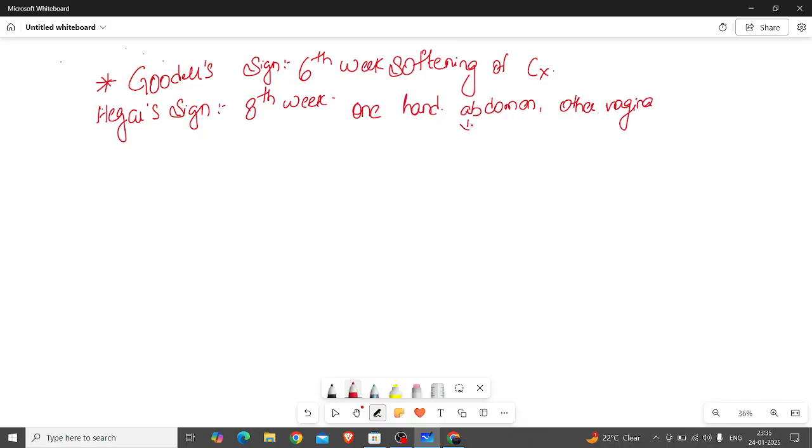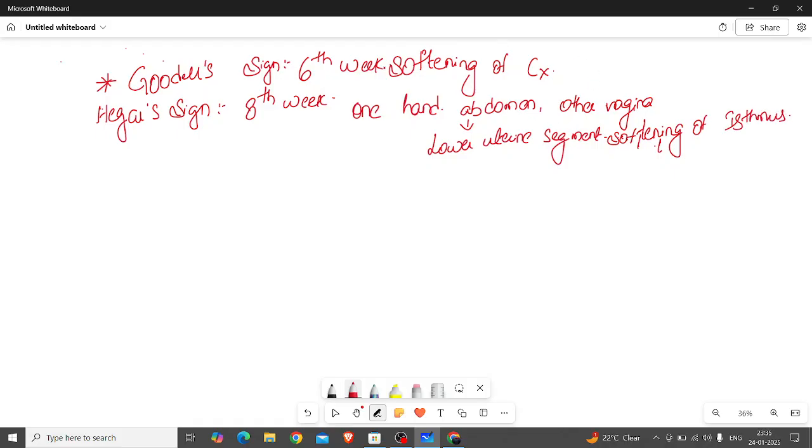Then during examination, what we need to observe? We need to feel the lower uterine segment. At the lower uterine segment, we will find softening of the isthmus.